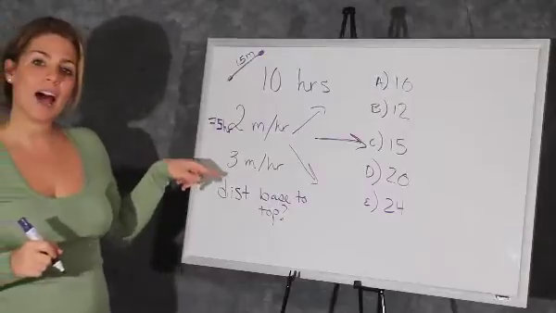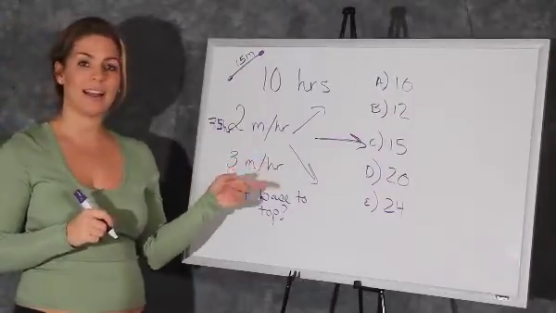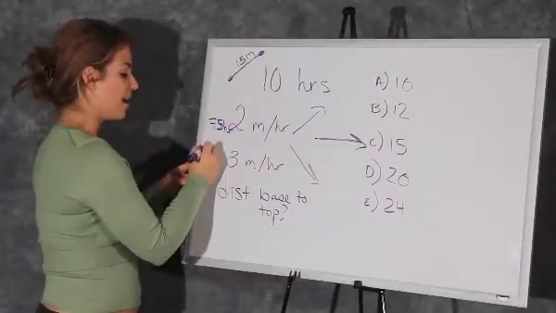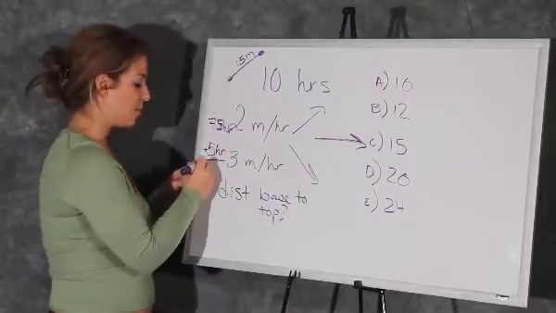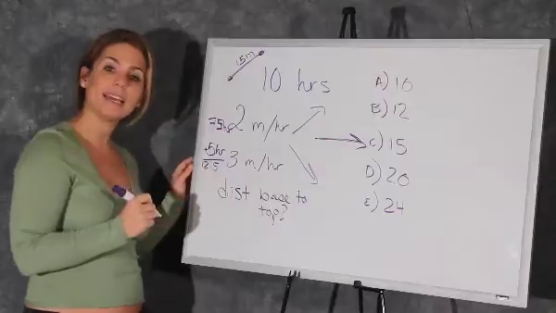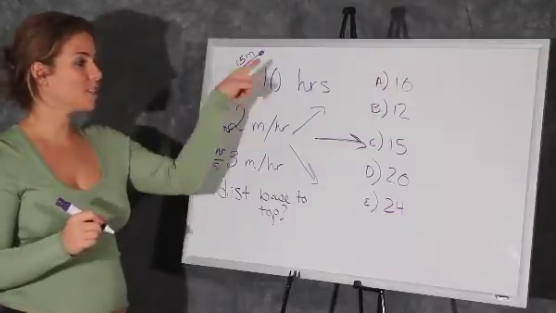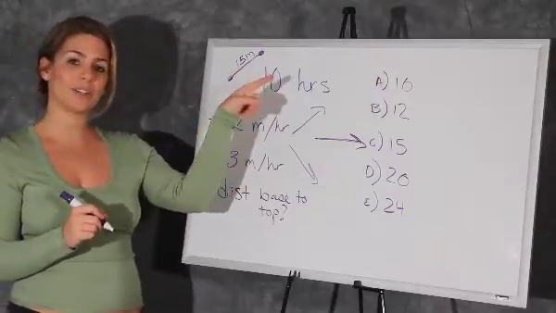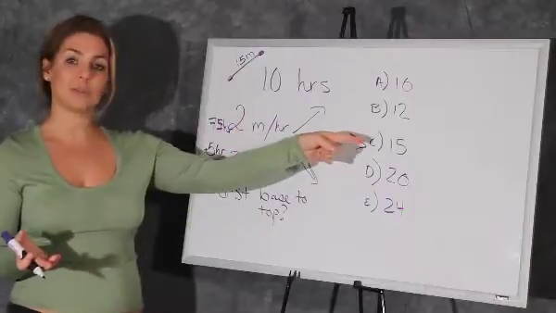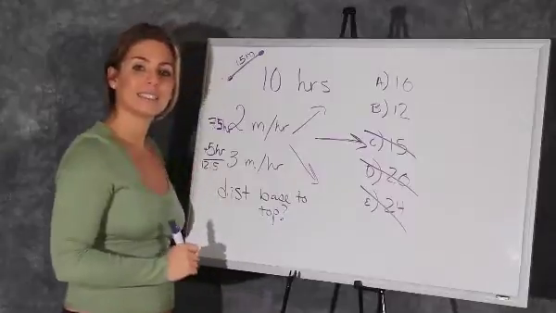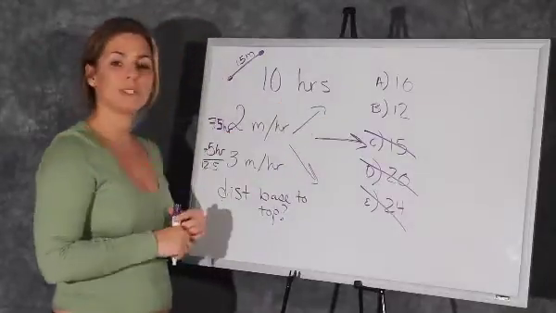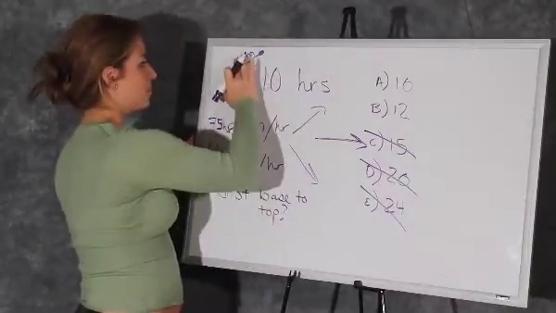Then coming back down, if we go 3 miles per hour, that's going to take us another 5 hours of biking. So if we add those together, we end up with 12.5 hours of biking, but at the beginning of the question it told us that it only took 10 hours. So now we know that that's way too big, and we're going to be able to get rid of 3 at once.